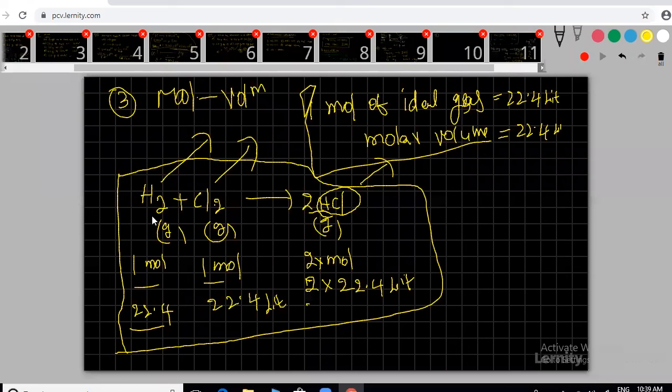Don't mix reactant and product. When you are solving, see all of them individually. Doesn't matter what they are doing. After combining, they lose their identity. You don't need to think about that. H2 and Cl2 give rise to HCl. H2 character is different, Cl2 character is different, HCl character is different. There is no relation between any of these three.